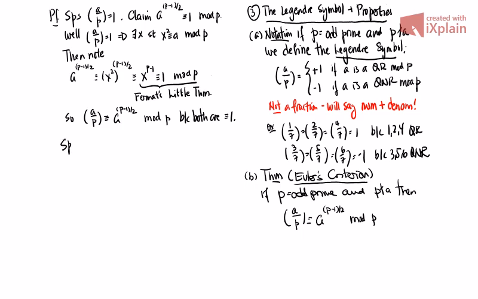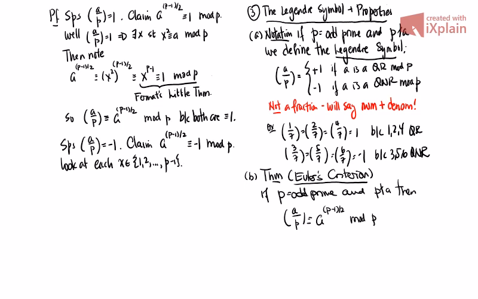So on the other hand, suppose that a over p is equal to negative 1. And now I am claiming that a to the (p minus 1) over 2 is congruent to negative 1 mod p. So this is actually a little sneakier. What I'm going to do is look at each x in the set 1, 2, up to p minus 1.